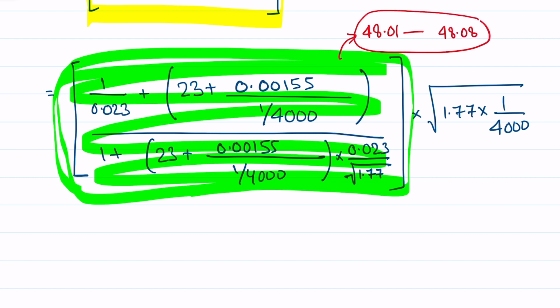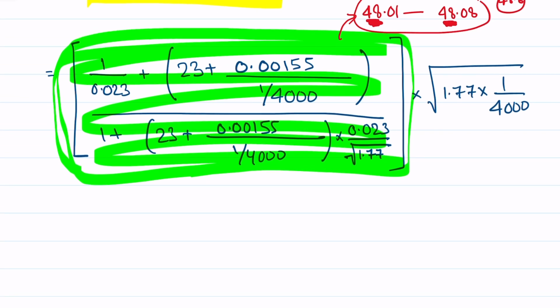This is the range in which it comes, around 48 something. So this is a parameter through which you can check if your calculation is correct or not. If it is not coming around 48 something, then redo the calculations. This is just a guideline that I can give you.